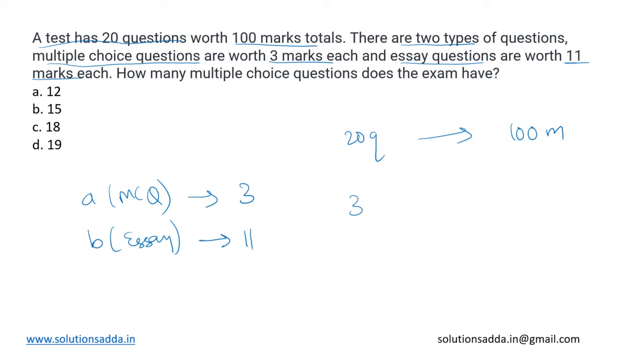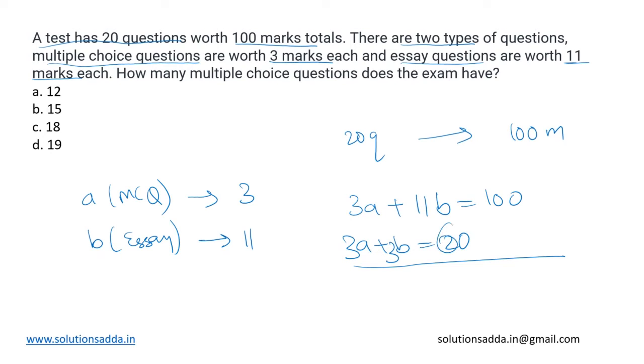So we'll have the equation 3A plus 11B equal to 100, because the total marks of the test is 100, and A plus B equal to 20, because the total number of questions in the test is 20. So we can solve these two simultaneous equations together. Multiplying the second with 3, this becomes 3A plus 3B equal to 60, and subtracting, we get 11 minus 3, 8B equal to 40.